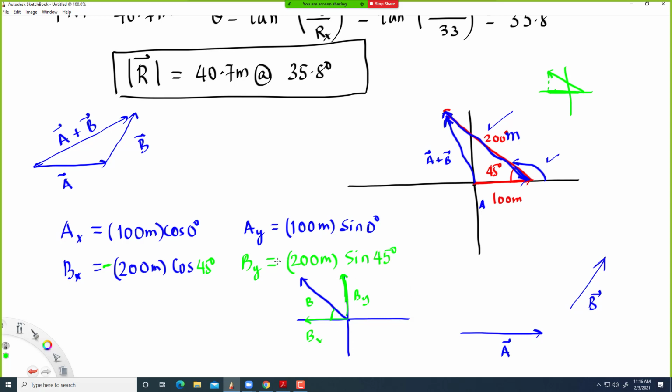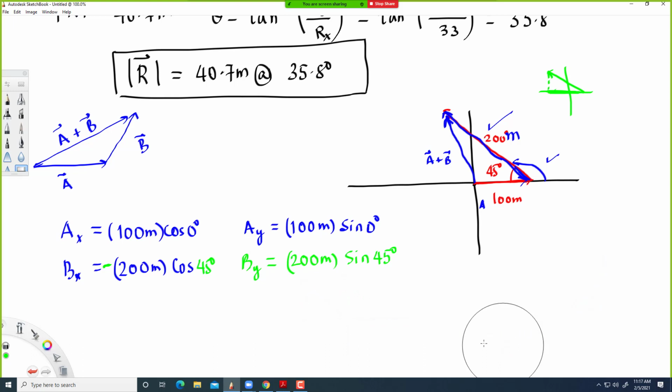I didn't use a minus sign here because its y component is up. So let's find the values for each of these components. I will let you calculate that and tell me the answer.